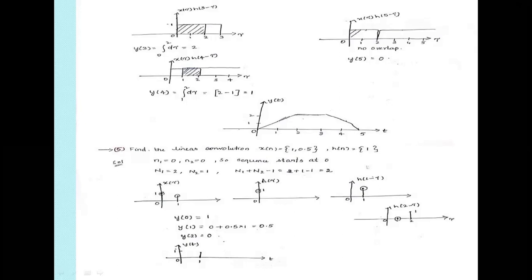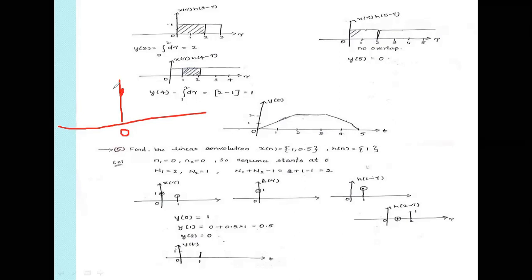You can draw the graph of x: there is no arrow mark, so the first value is at n equal to 0, with value 1, and at n equal to 1 the value is 0.5. There is no third value, only two values.